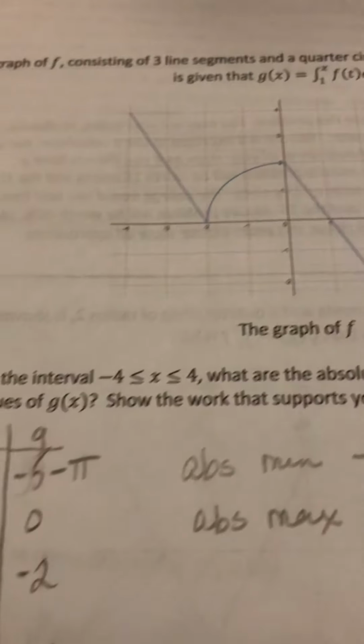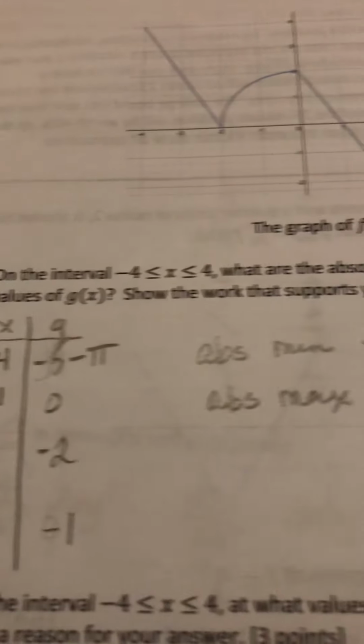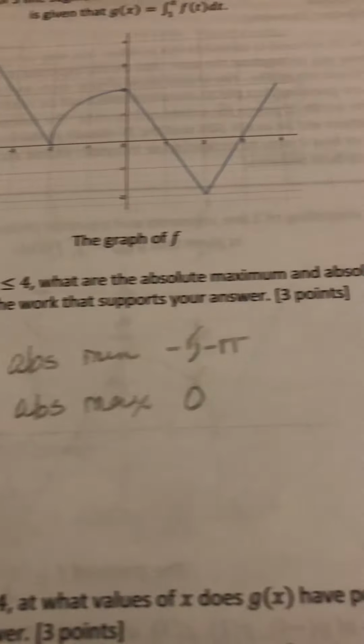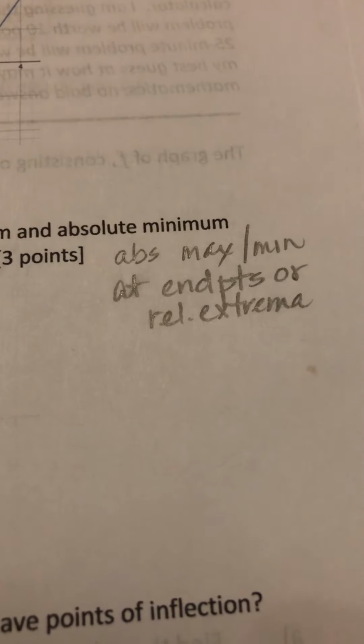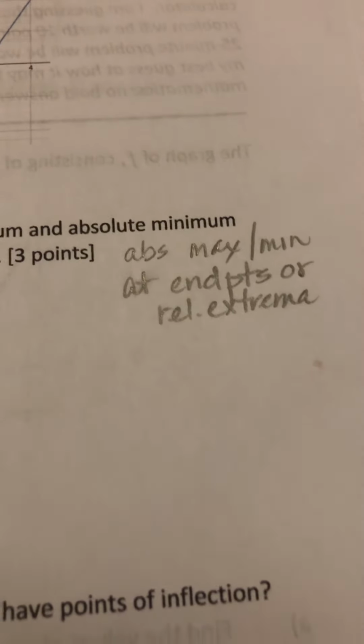Okay. Now, go to the other parts. This is just a repeat of our graph and our information. From negative 4 to 4, what are the absolute max and min values of g? And show the work. Well, again, we have to remember absolute max or min happens at endpoints or at relative extrema. So we make a chart. We include our endpoints, negative 4 and 4.